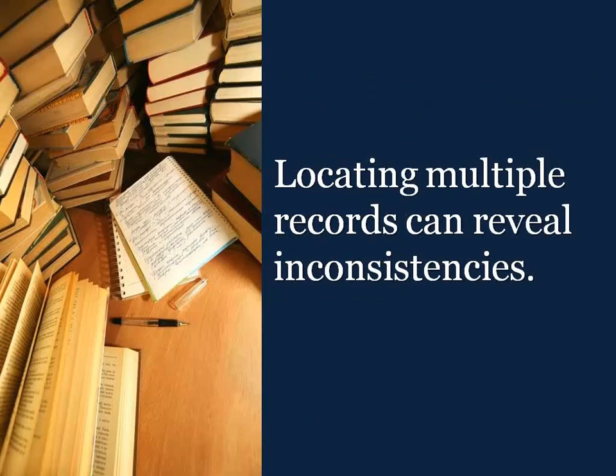However, once you start locating more and more records about our ancestors, about various aspects of their lives, we begin to notice that there are inconsistencies in the information from one record to the next. Census records, for example, are extremely infamous for providing inconsistent information.